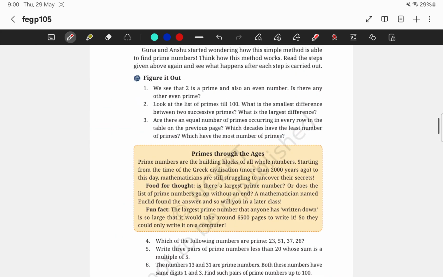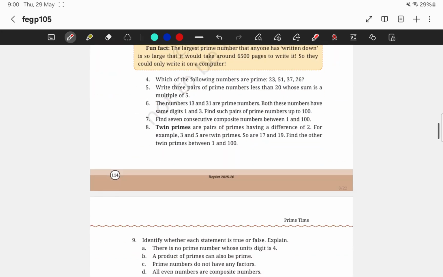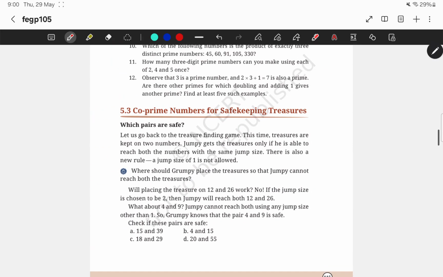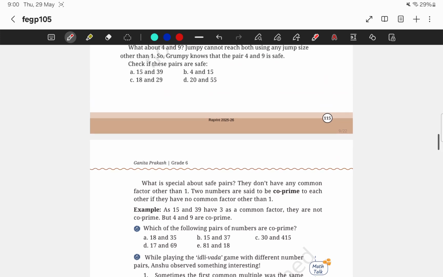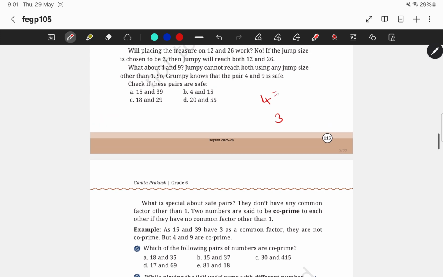So I'm moving to another concept called co-prime numbers. So what are co-prime numbers? 2 numbers are said to be co-prime to each other if they have no factors other than 1. I'm taking the example 4 and 3. 2 2s are 4, and 1 4 is 4.